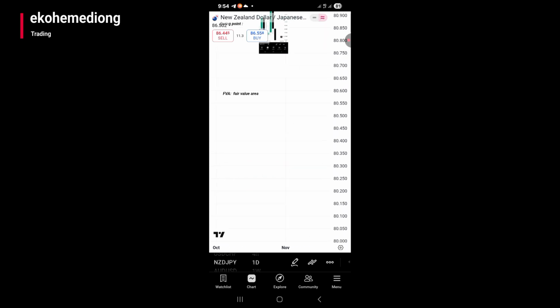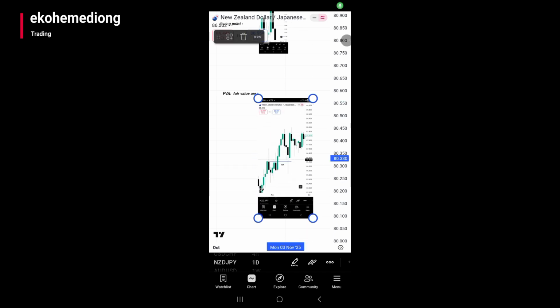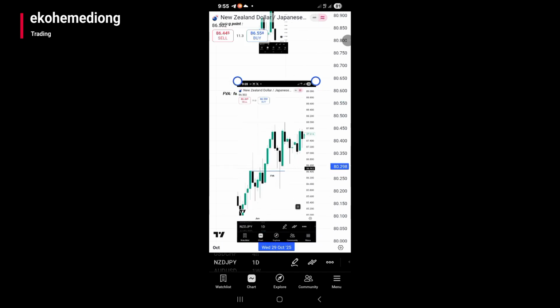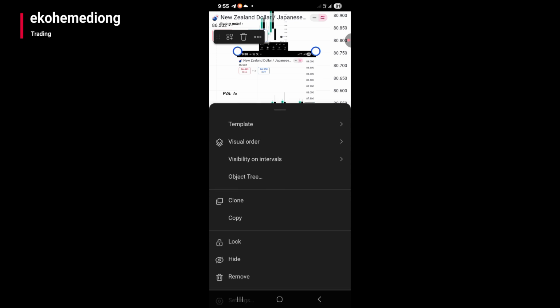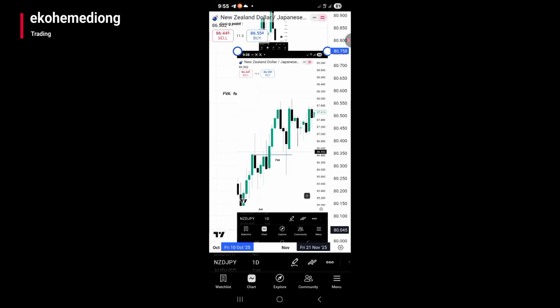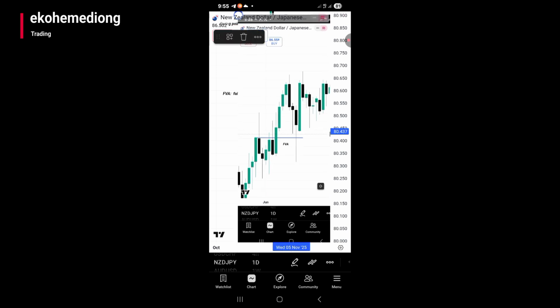Let's bring that image back to show you. So this is the image. I said that there is no fair value area without a fair value gap. That means if there's no fair value gap, there's no fair value area, because the most important thing right there is the fair value gap.